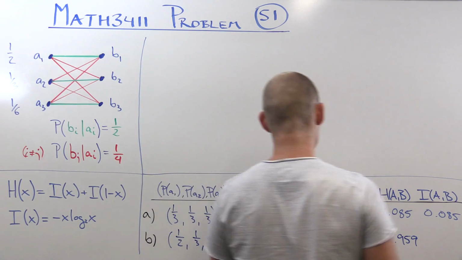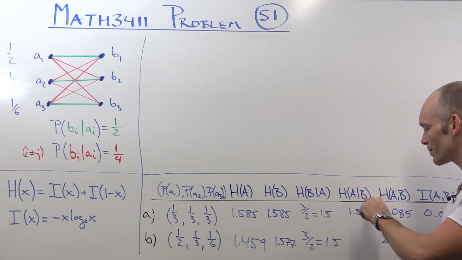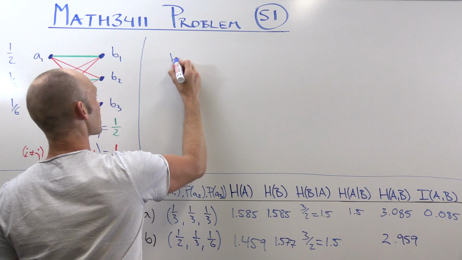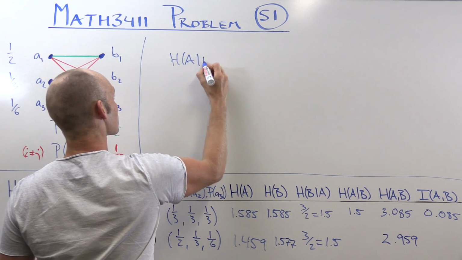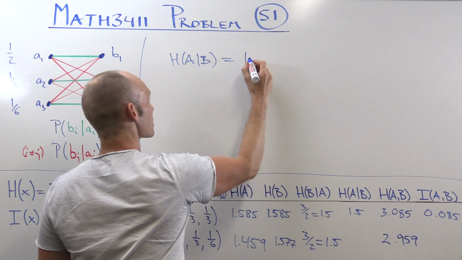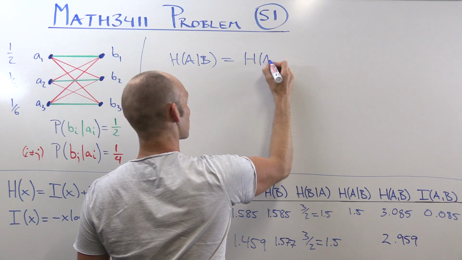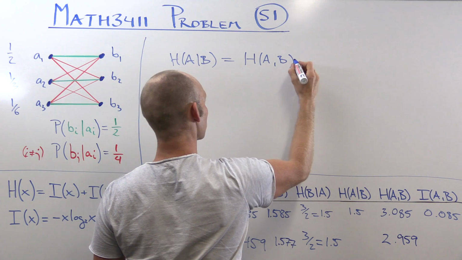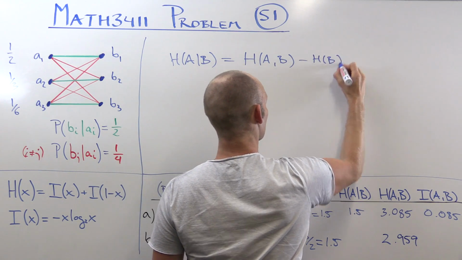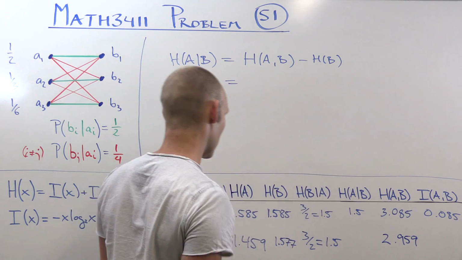So, to calculate this conditional entropy, for instance, the entropy of A given B, we could say, well, that's the joint entropy of A and B, minus the entropy of B, which we've now calculated.